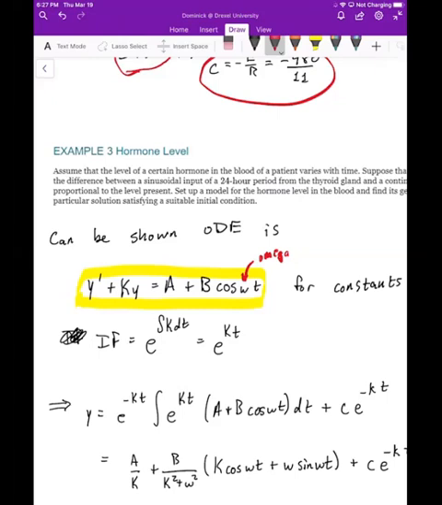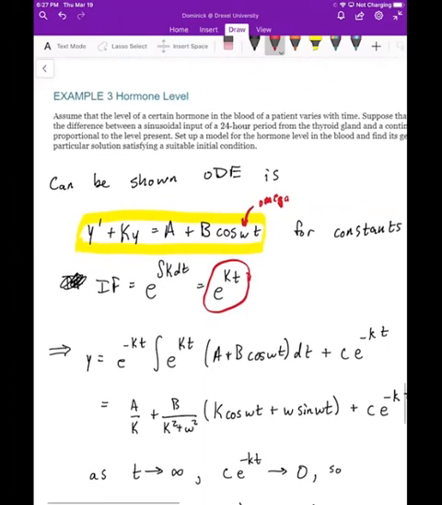Now, your integrating factor, of course, you're going to take your function that's in front of your y term here, and in this case, it's just the constant k. So you can get that your integrating factor is e to the k times t. Now, what does that mean for our solution?